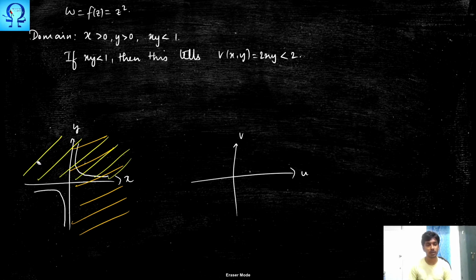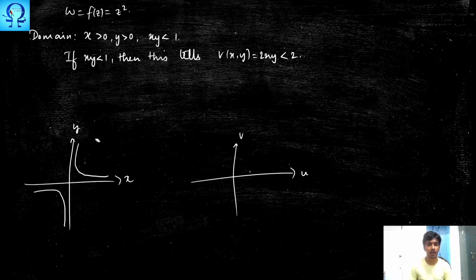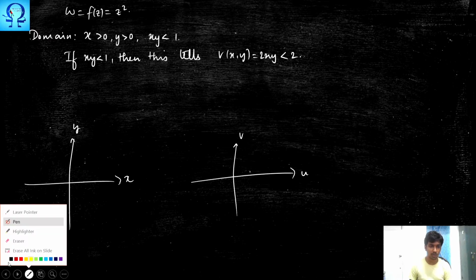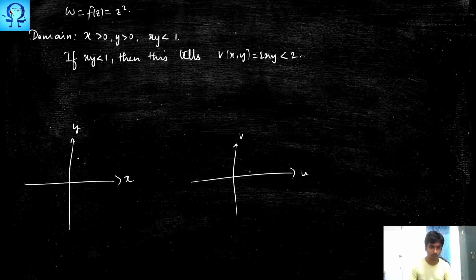So the common region is only the first quadrant. Whenever x and y are positive, we have the region in the first quadrant, and it is given that xy has to be smaller than 1. So the domain is going to be somewhere from here to here. So this is going to be our domain.